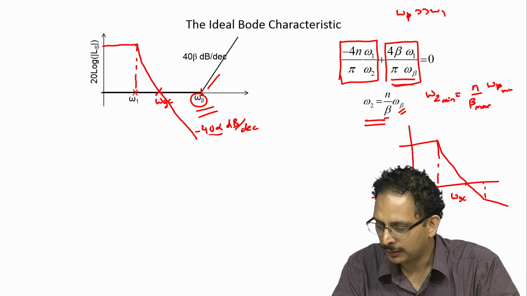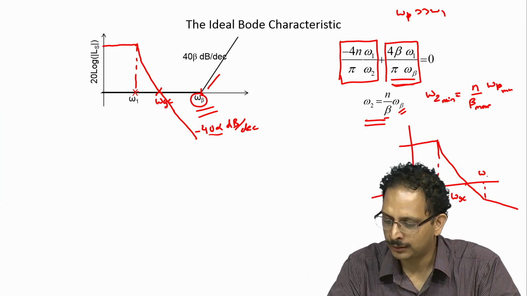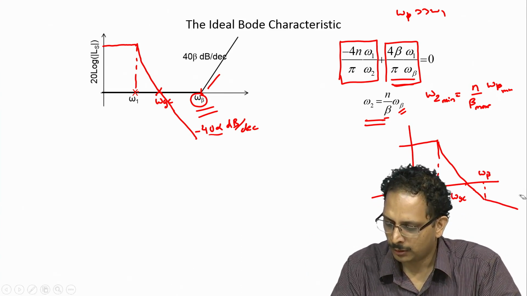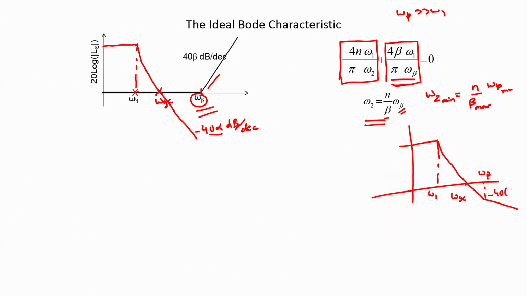So beyond this frequency omega beta, the roll off will be minus 40 times alpha minus beta decibels per decade. Now this Bode plot on the right tells us everything that we need to know to determine what beta max can be and what omega beta minimum can be.